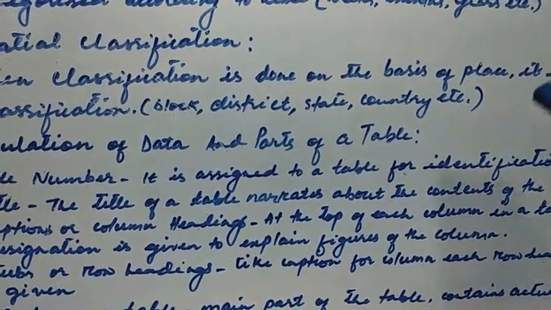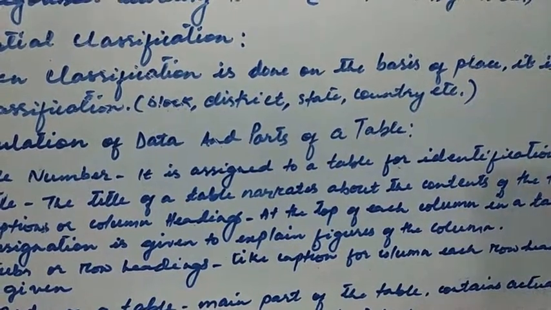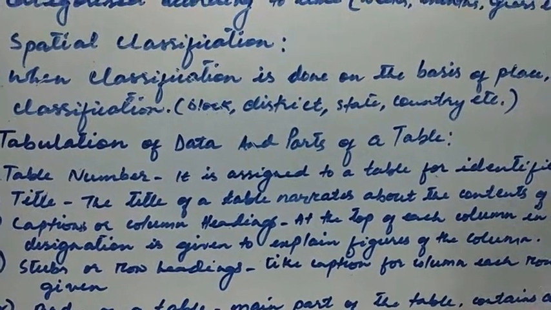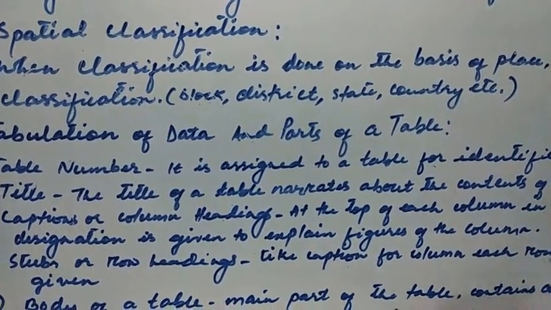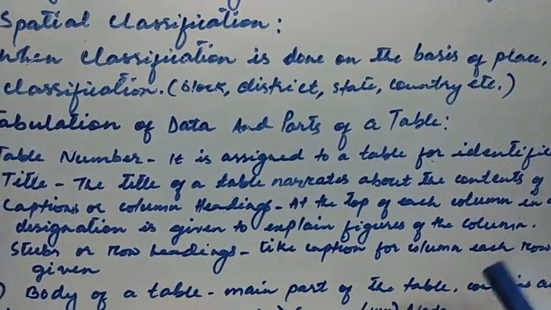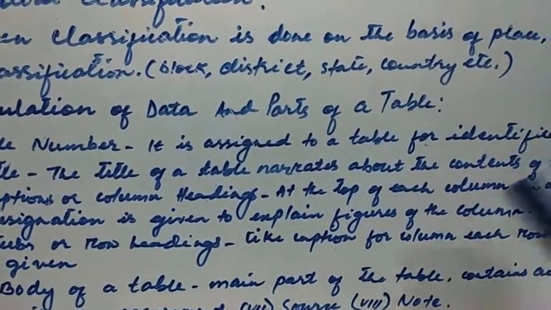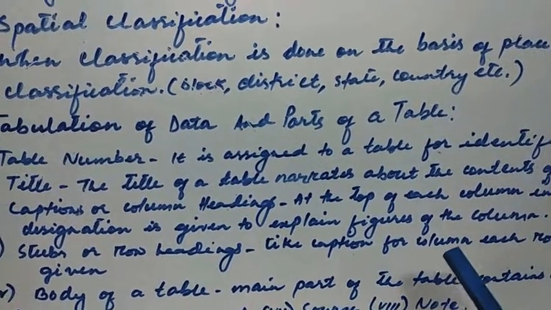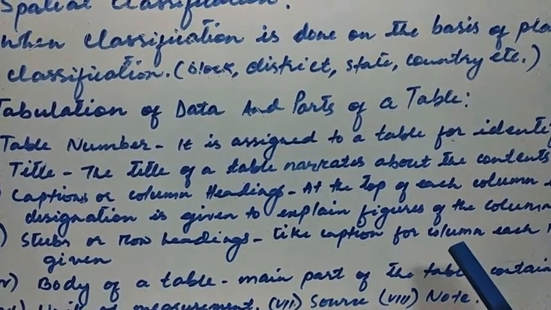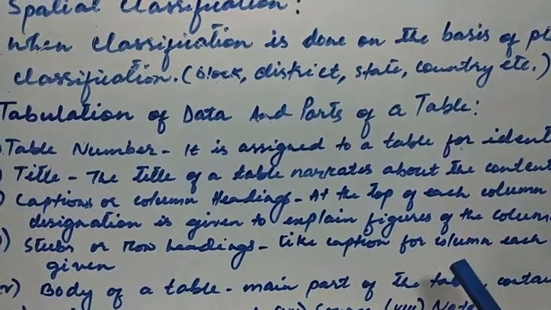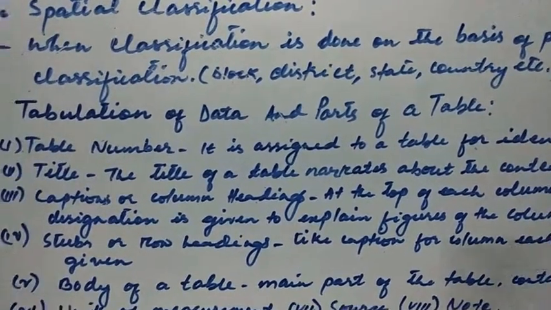So on top of the figures, captions or column headings are given to explain the figures given in the column. And similar to that, stubs or row headings are also given to explain the figures given in the row.